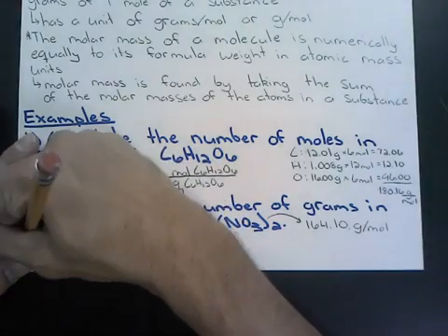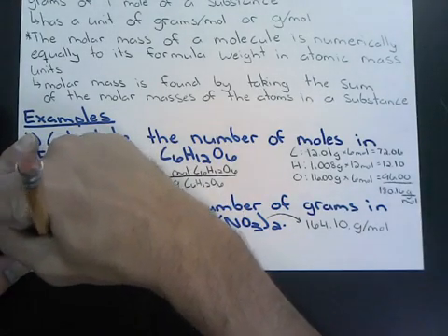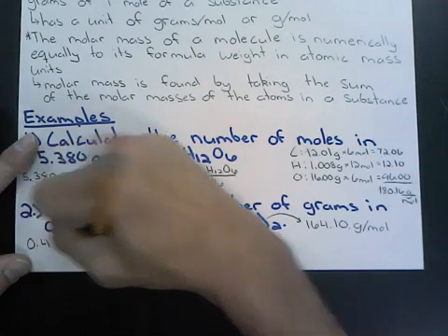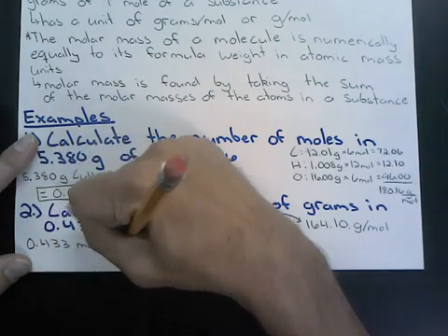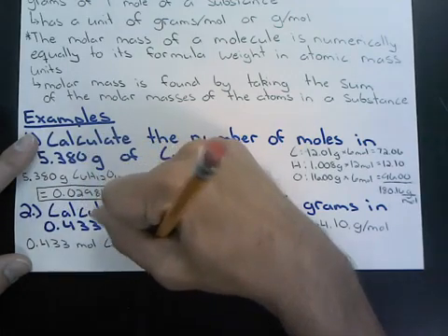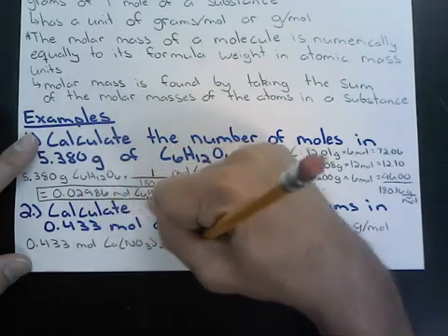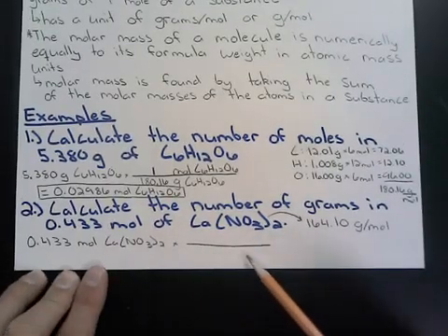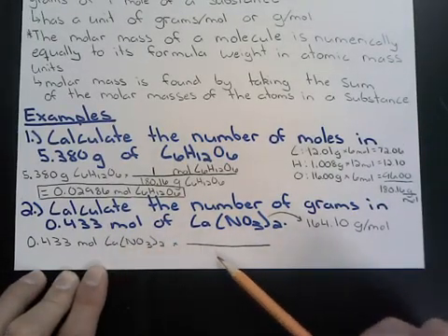of calcium nitrate. So again, we start out by putting 0.433 moles of calcium nitrate, and we set up our conversion factor. Again, most important thing here is that our diagonal units cancel out.